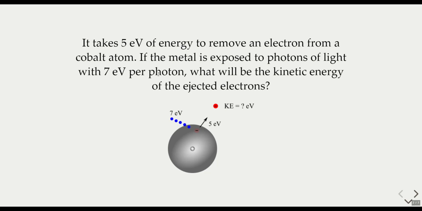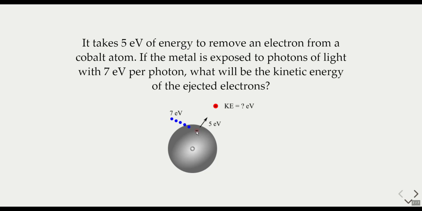So the next sentence says, if the metal is exposed to photons of light with 7 electron volts. So what we're imagining here is that these little blue dots represent little chunks of light, little photons. And each of those chunks of light is going to interact one at a time with this electron.